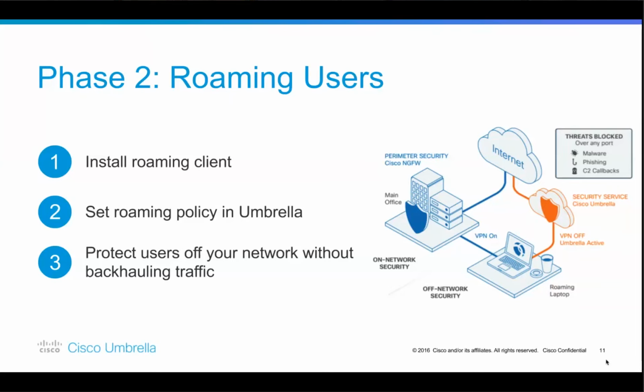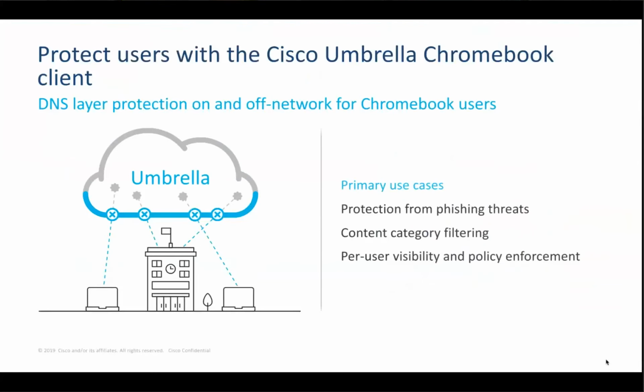Then to drill down a little more specifically on the Chromebook piece, this is a newer solution. We were asking for this for a long time because Chromebooks are getting so popular in K-12, and it makes a lot of sense. Now, Chromebooks are pretty secure just how they are because you can't really save any files to a Chromebook.